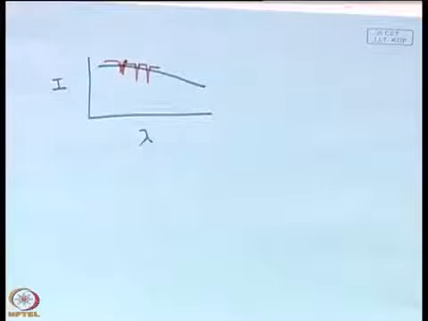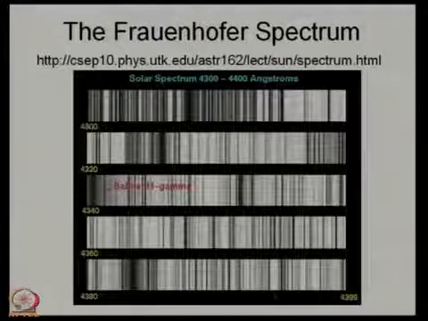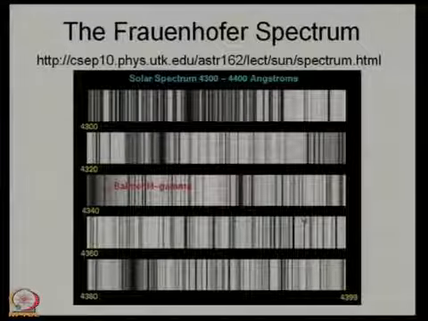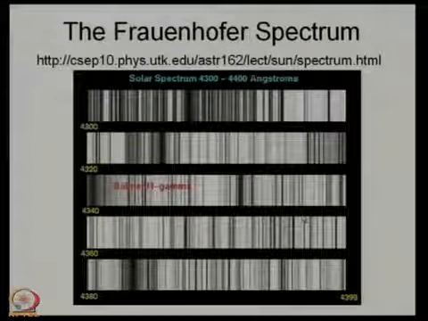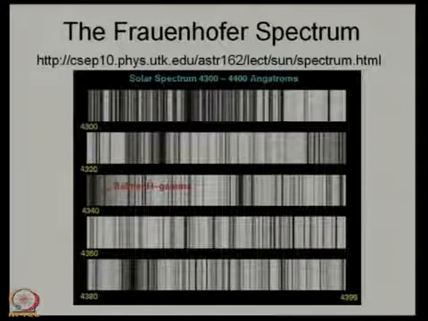Okay. There are all kinds of such absorption lines which you can see in these pictures. Okay, and these are often referred to as the Fraunhofer lines, or the whole thing is referred to as the Fraunhofer spectrum. Okay. So this is what you see if you look at the solar spectrum in detail at high resolution. At low resolution, it is quite well fitted by a black body spectrum.